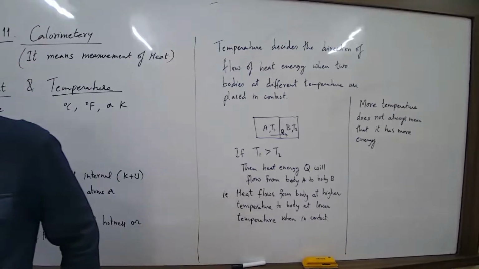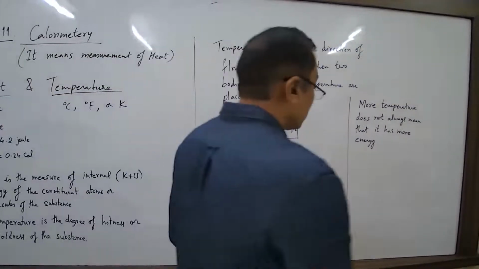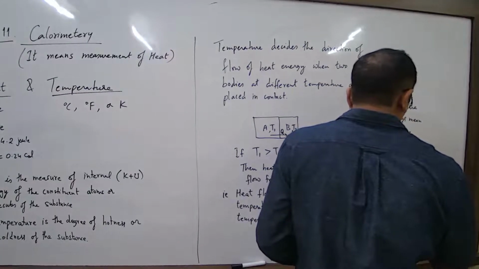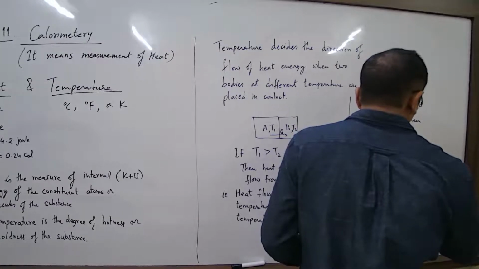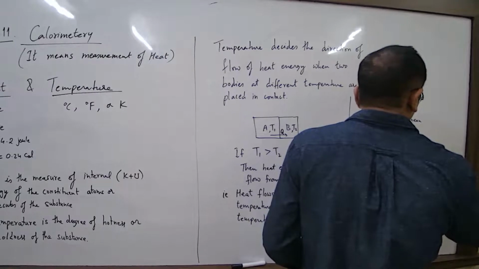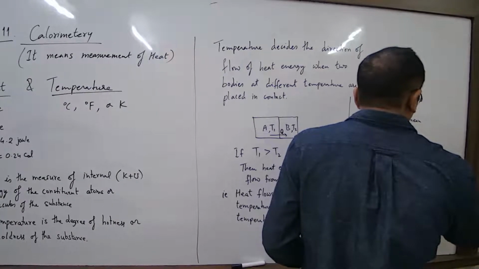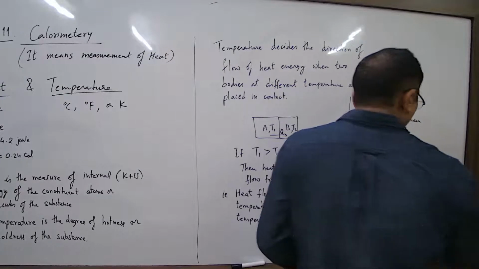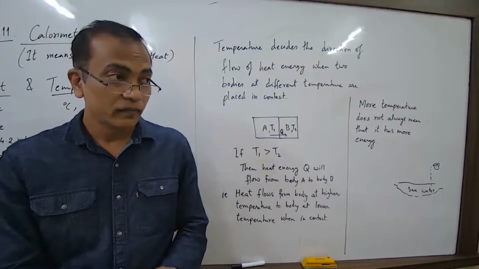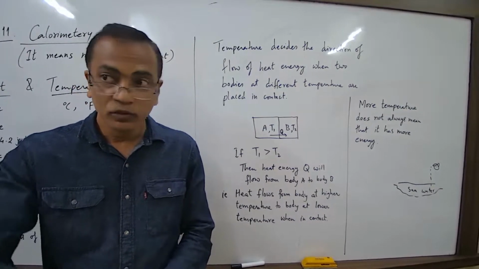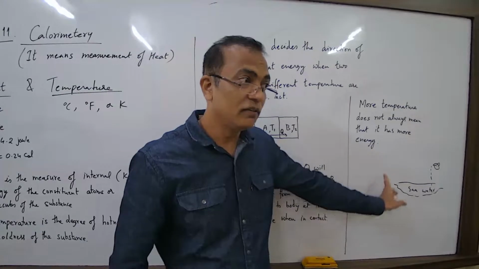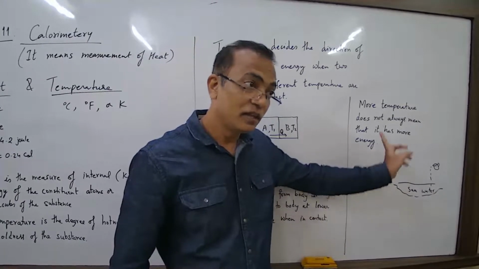Is it understood now? Like in case of water, you have a sea, sea water, and you have water in a mug. Which water will fall, water in the mug into the sea, or sea water will rise into the mug? Water in the mug will fall. So the amount of water does not matter. What matters is level. So temperature is the level for heat.